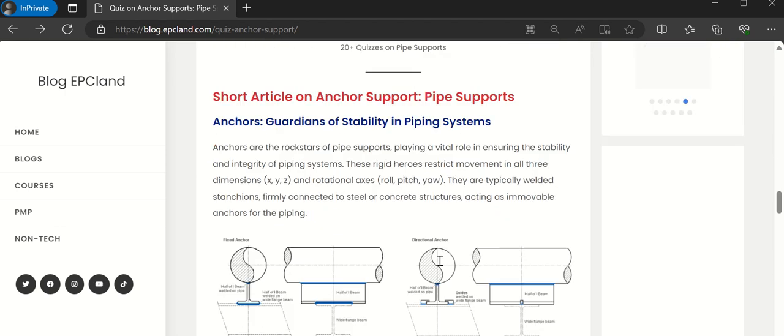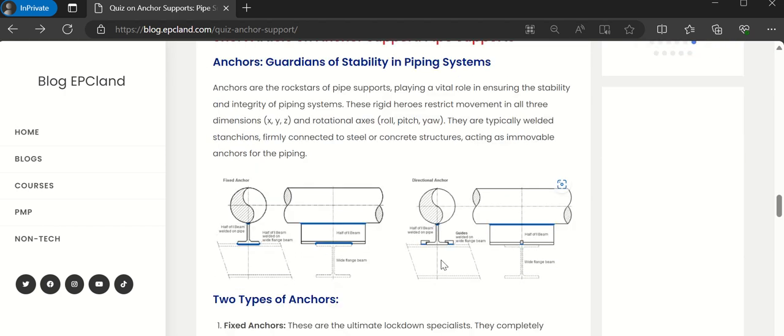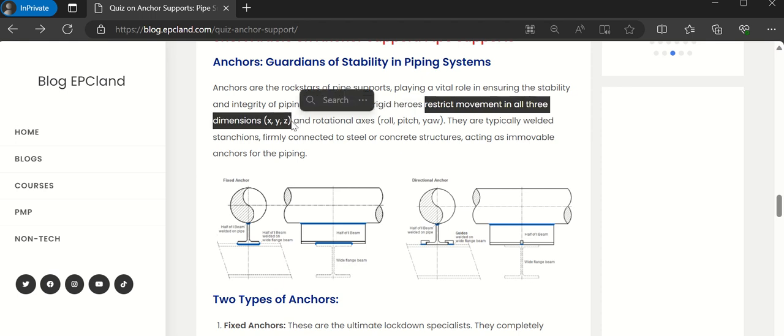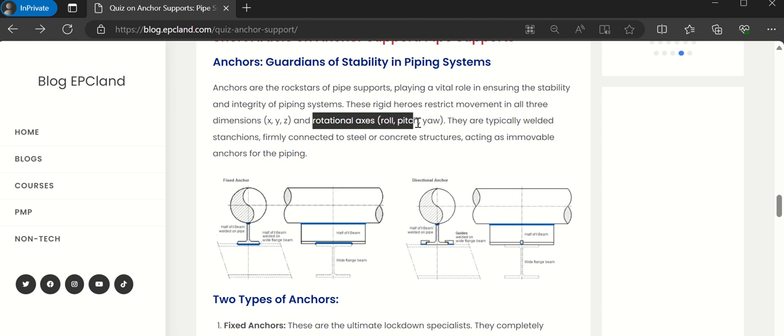If you go to the bottom, you will find this article that is talking about anchors in piping systems. Basically these are the supports which restrict the movement in all three directions, that is X, Y, Z. We can restrict all three directions, not only these three directions but the rotational axes also, right?